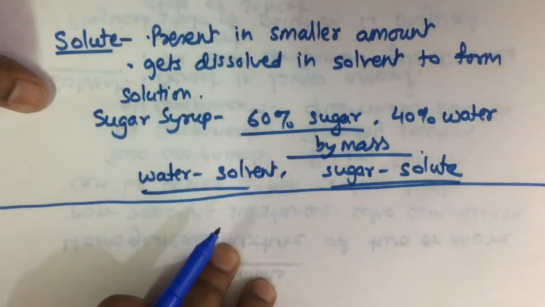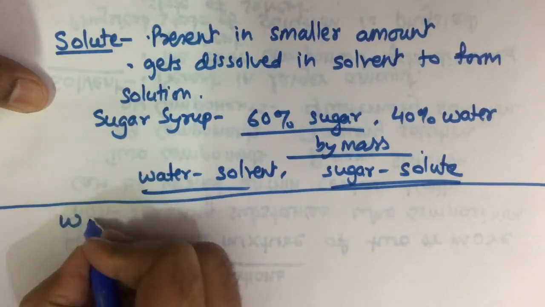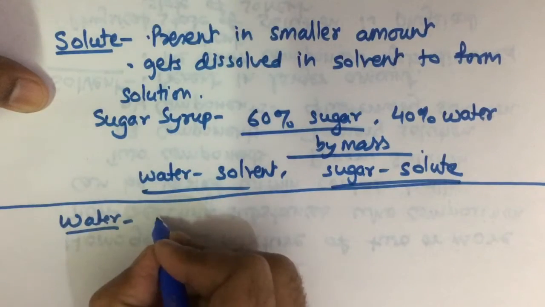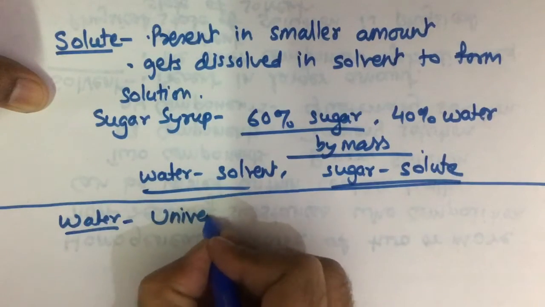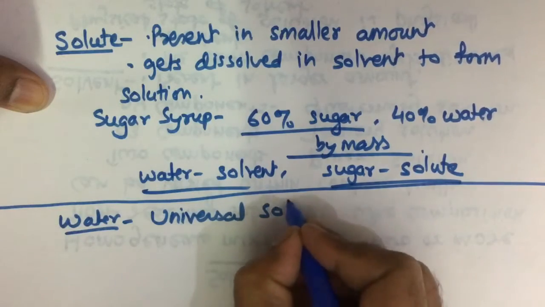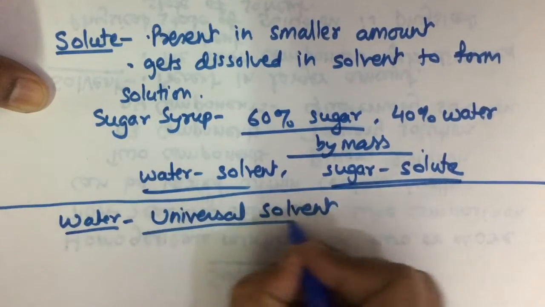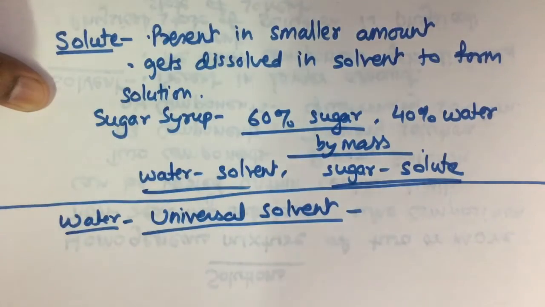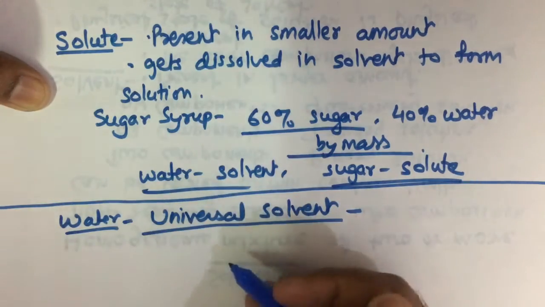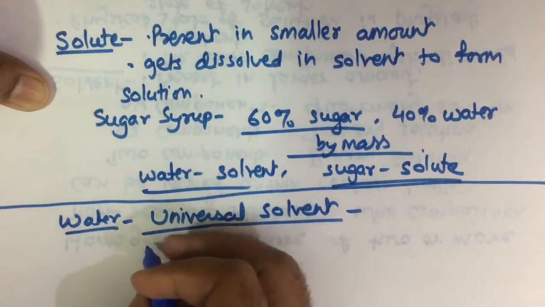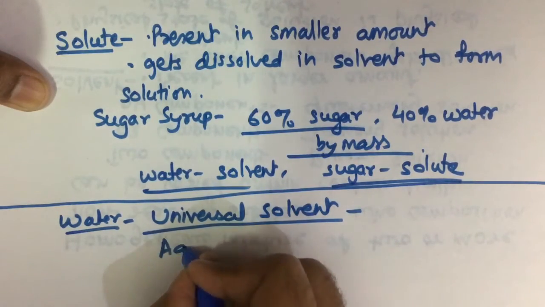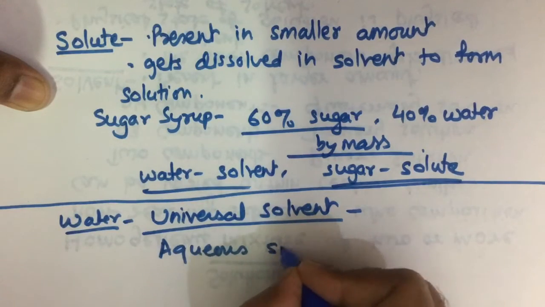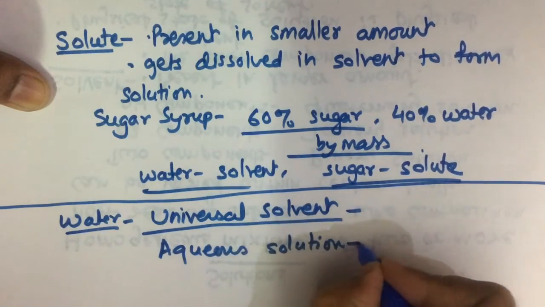Now water is also called as universal solvent. Most of the natural reactions occur in aqueous medium where water is a solvent. So all the solutions where water is solvent are called as aqueous solution.